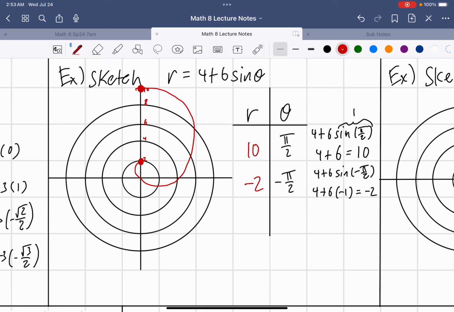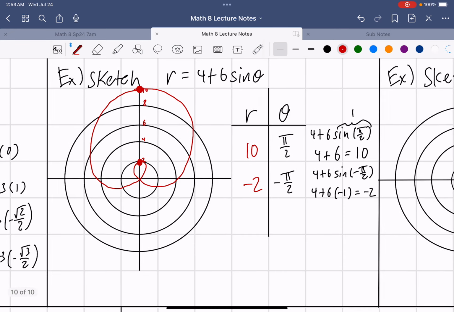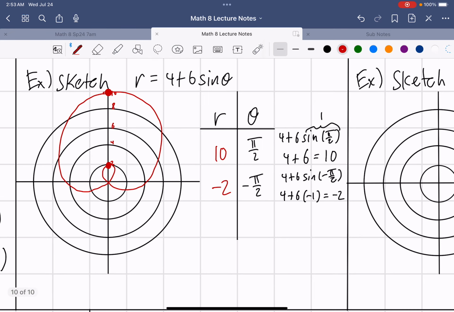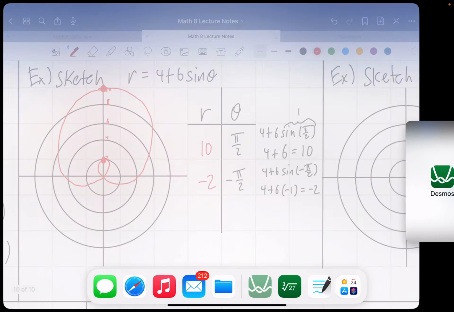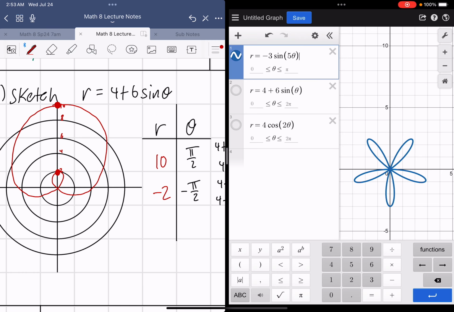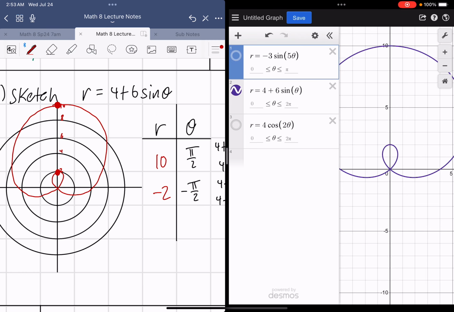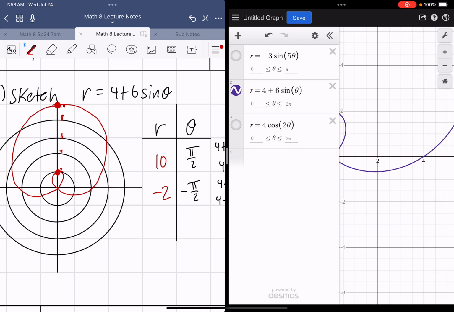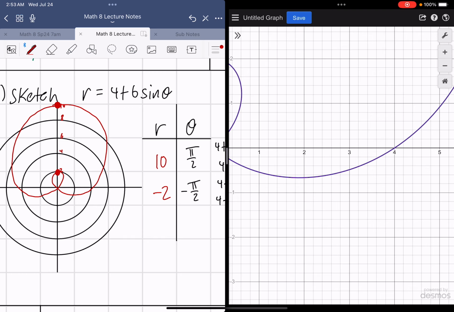Oh, it looks funny. Let's go a little wider. And then that should be the exact same graph we have on our Desmos. And that's going to be here, right? And we have everything we need.